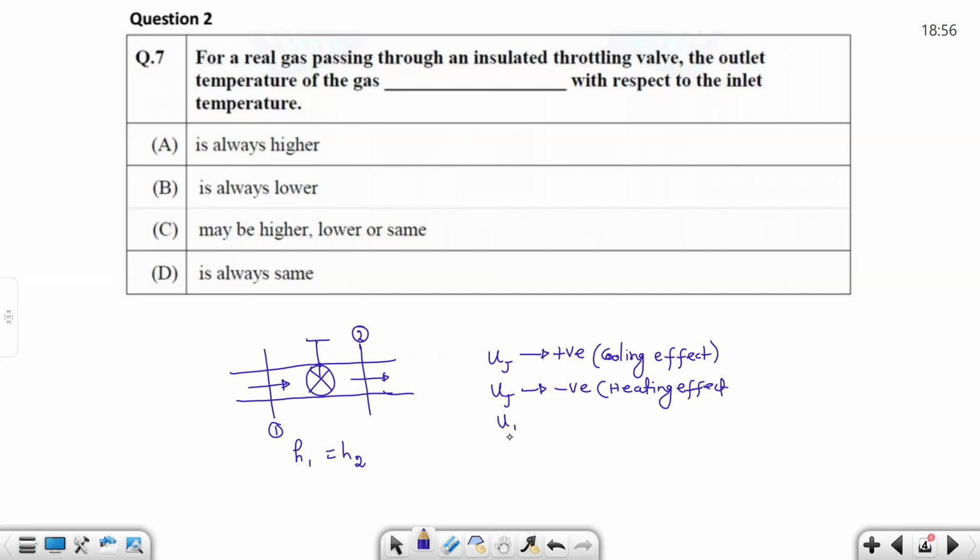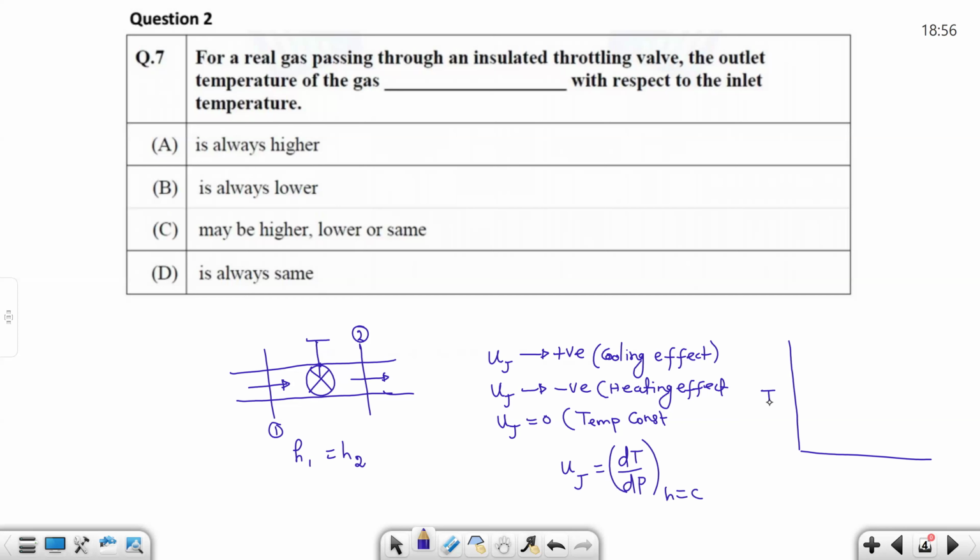So Joule-Thomson coefficient is 0, temperature constant. So what is this Joule-Thomson coefficient? It is dT by dP at constant enthalpy line.